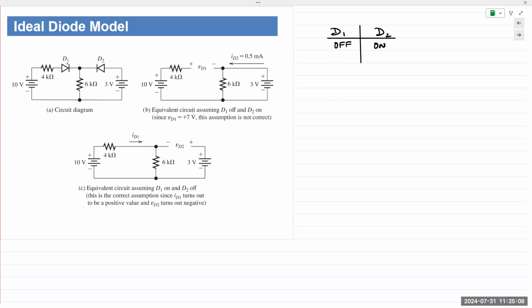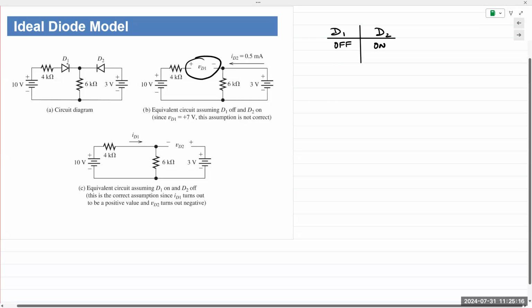If D1 is off, we replace it with an open circuit, right? So D1 is replaced with an open circuit, and D2 is replaced with a short circuit.